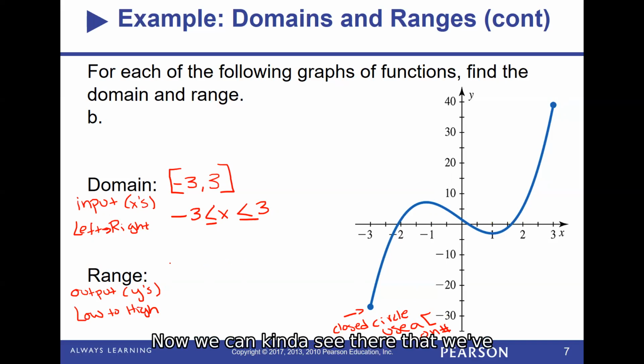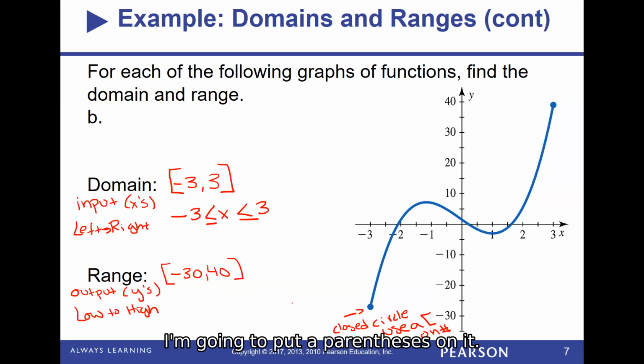Okay, and we can kind of see there that we've got what looks to be about -30-ish. And then as I continue going up to my highest point on the graph, which is over here, which seems to be about 40. Okay. And again, if I actually hit those points, I'm going to put a bracket on it.